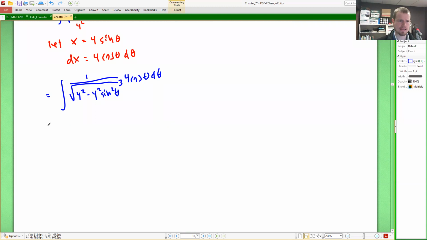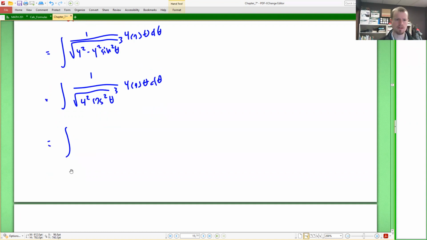Then we can recognize that this is the integral of 1 over the square root of 4 squared times cosine squared theta, being cubed, times 4 cosine theta d theta. And this is equal to the integral of, right, we can take the square root at this point.